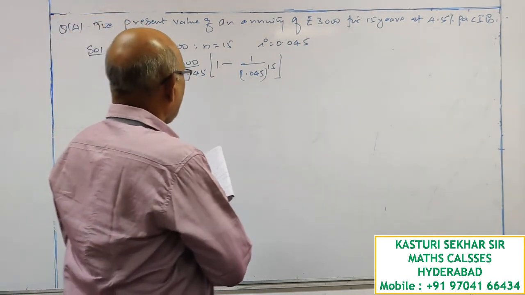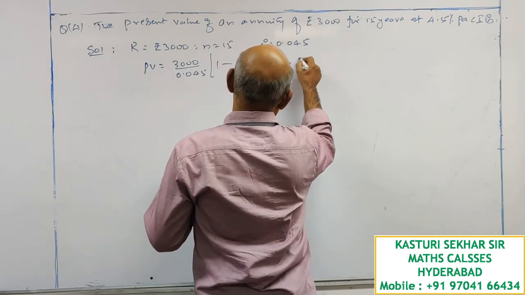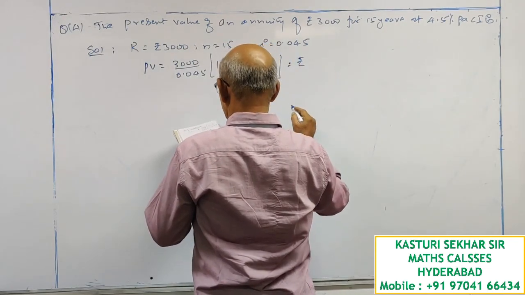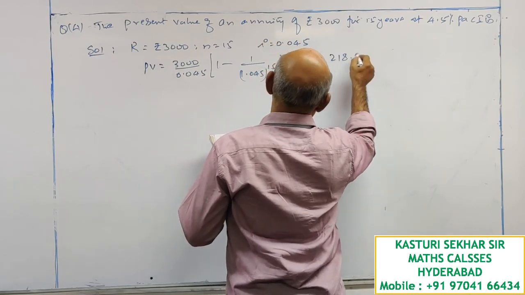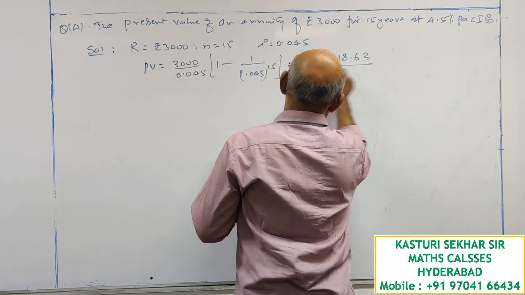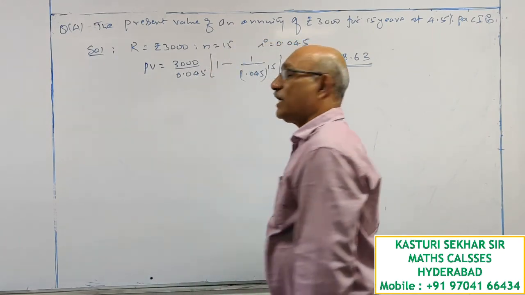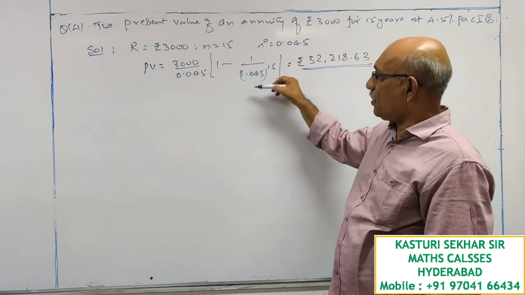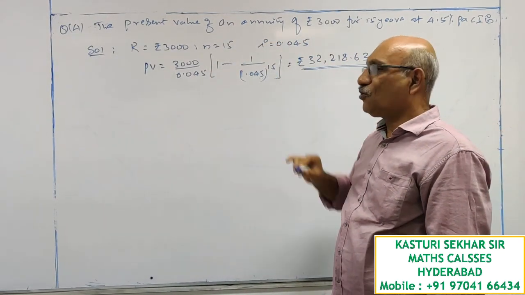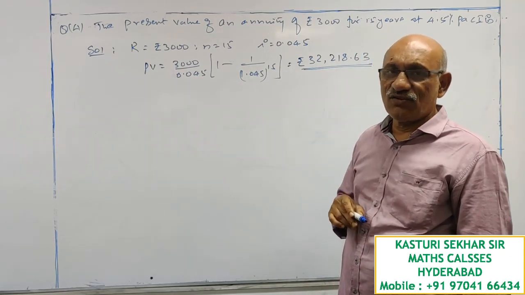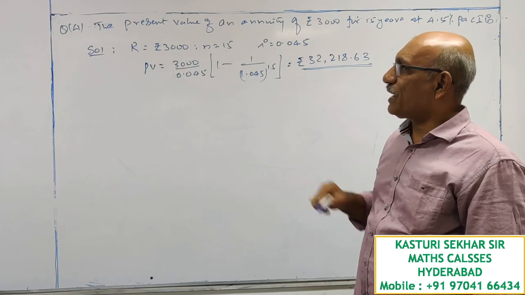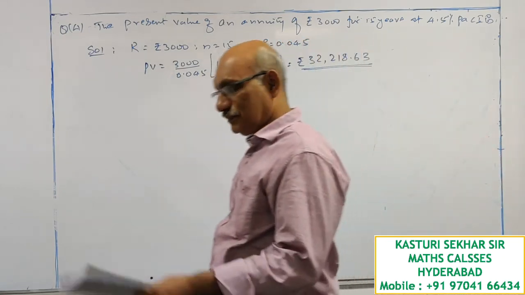When you simplify this on the calculator, what value do you get? Rupees 32,218.63. The process is the same for all of these. For two problems, I explained how to do these calculations on the calculator. Do some good practice.